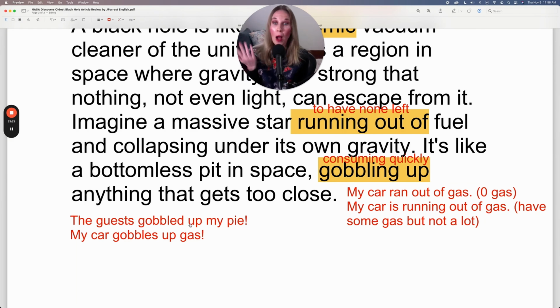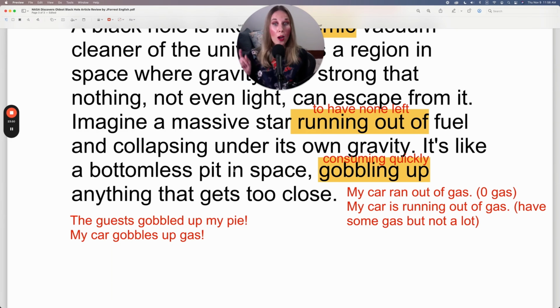So this is a positive thing. But if you say my car gobbles up gas, that isn't a positive thing, because your vehicle consumes gas quickly, which means it isn't fuel efficient. So it can be positive to gobble something up, but it can also be negative. So it means to consume quickly.